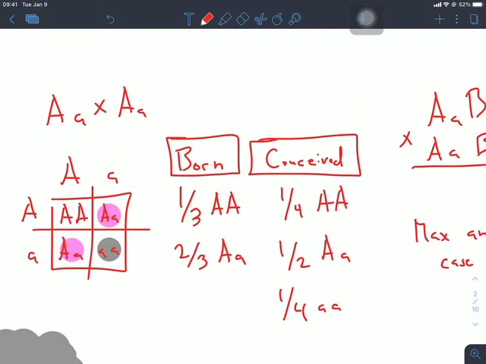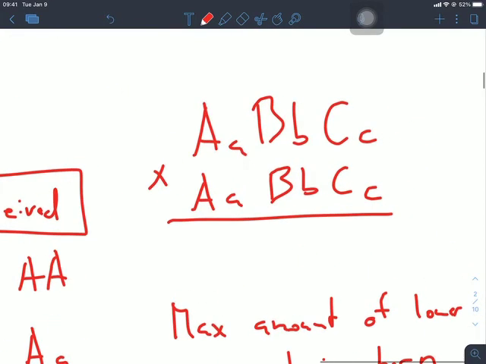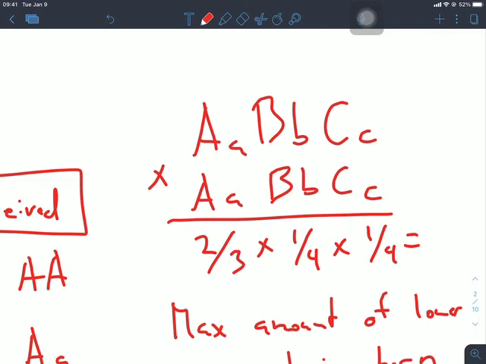Well, from this Punnett square, being born, we see that the maximum amount of lowercase that you can have is 2/3. So 2/3 chance of having the maximum there. Here, you'll have a 1/4 chance of being lowercase b, and a 1/4 chance of being lowercase c. You again can do the math here.